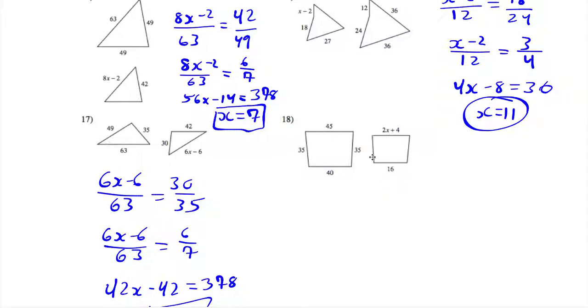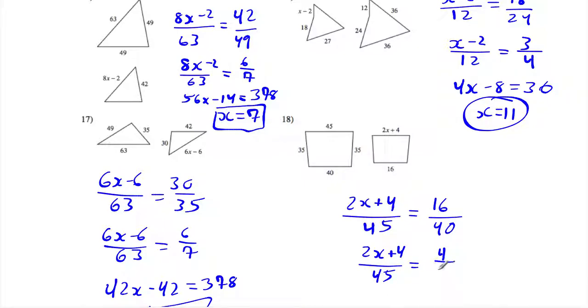And then finally over here, you can kind of see that these go inward a little bit, kind of like this. So we know that they're oriented in the same direction as opposed to 17. So we know that 2x plus 4 corresponds to 45, much in the same way that 16 corresponds to 40. These have common factors, so we can actually reduce that.